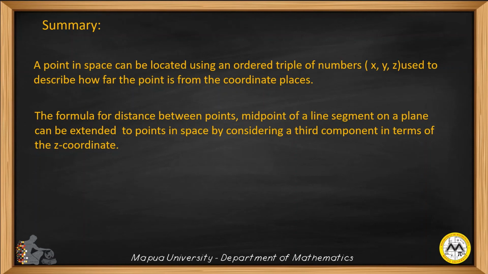It's just that we will have an added component, the third component, involving the z coordinates. Okay, so this is your introduction to three-dimensional geometry. I will see you in the next lesson.